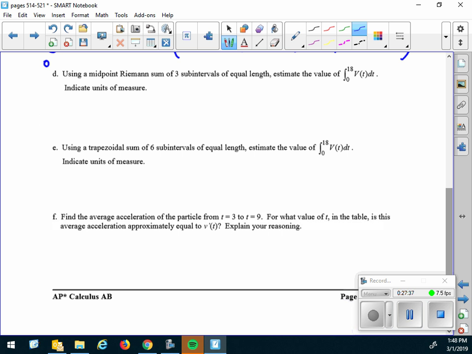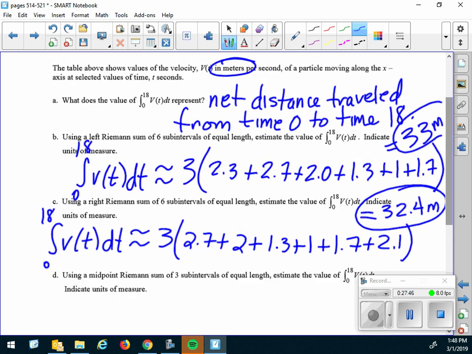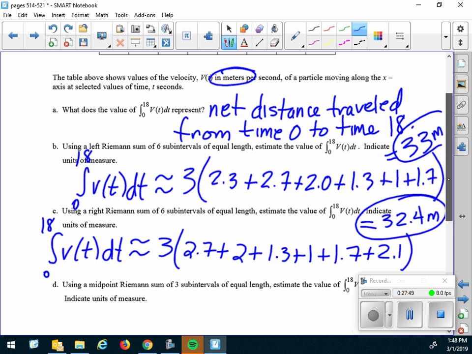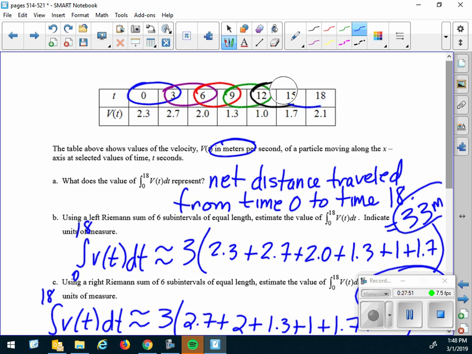Option D. Using a midpoint Riemann sum of 3 subintervals of equal length. If I'm going to do a midpoint Riemann sum, how many of these little columns here am I going to have to use for one subinterval? Yeah, so 3 of them, this one and this one.